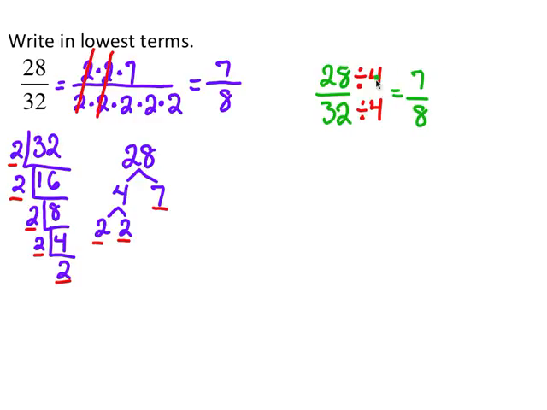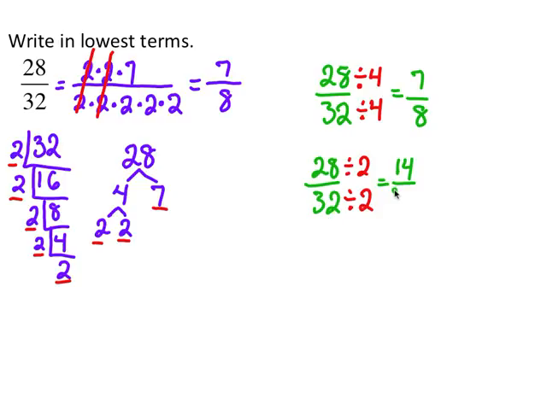If you didn't pick the biggest number, that's okay. It just gives you another step to do. So let's just try this one more time to see what happens. 28 and 32, maybe you see that 2 goes in there. So you divide the top and the bottom by 2. Okay, and so 28 divided by 2, that's 14.